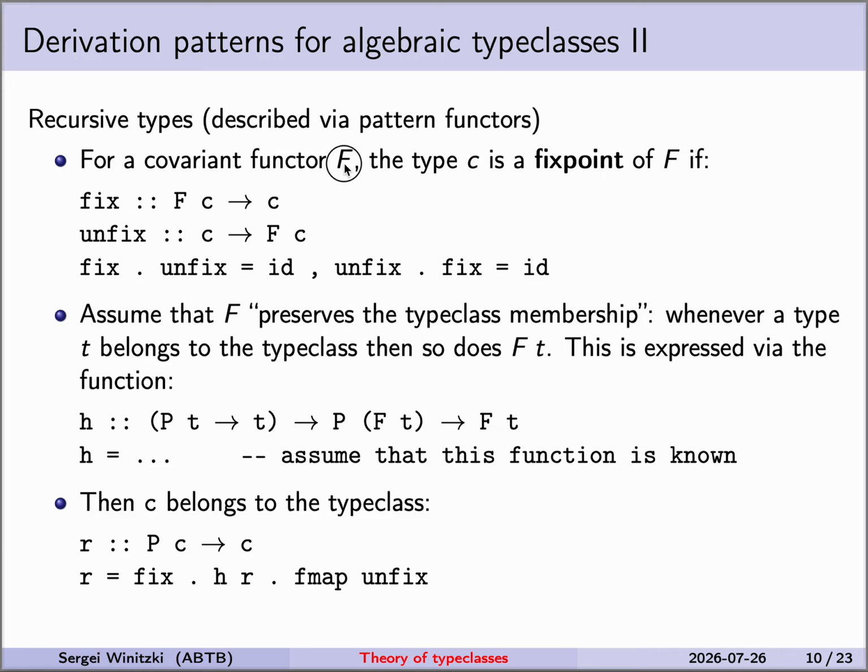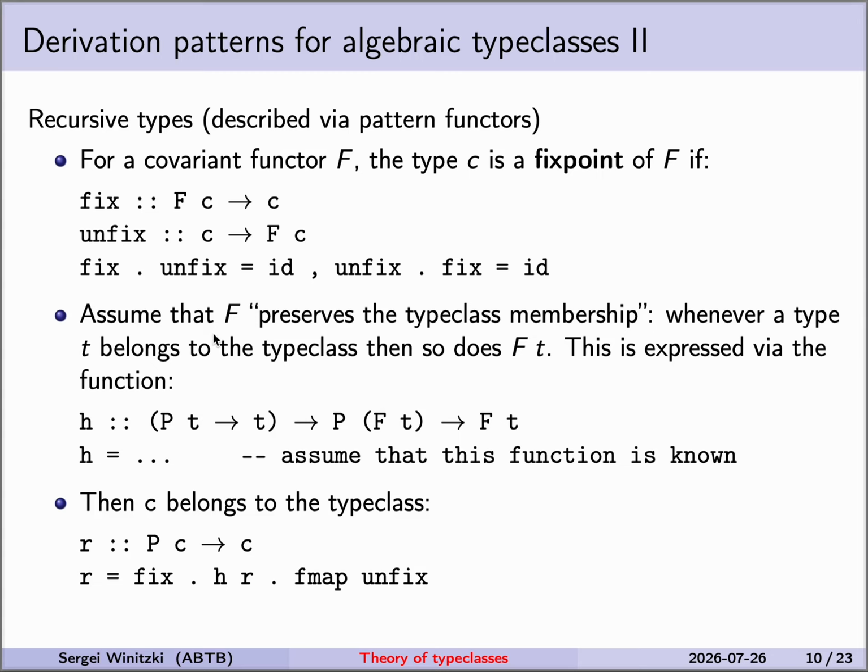For a given f, there could be many different types C with these properties, with fix and unfix defined in different ways. And we just assume that somehow these are defined, and then we prove that C can belong to the type class if f has a certain property. And that's all we need to prove. And then we have proved it for all kinds of fixed points at once.